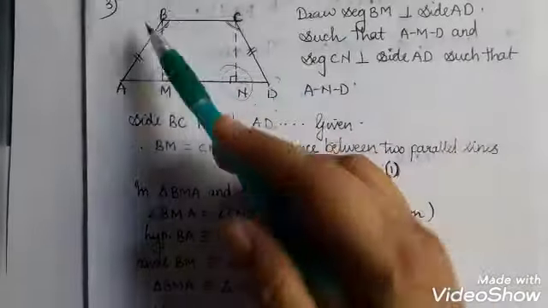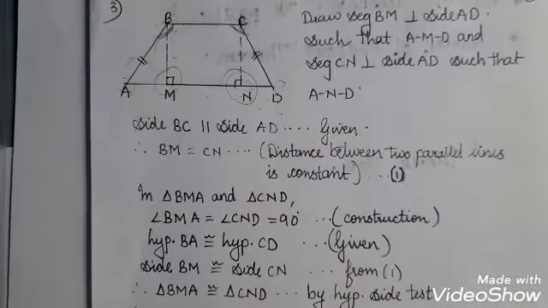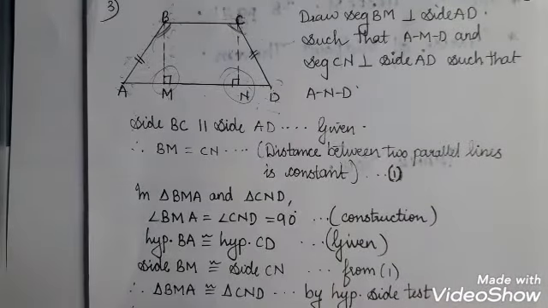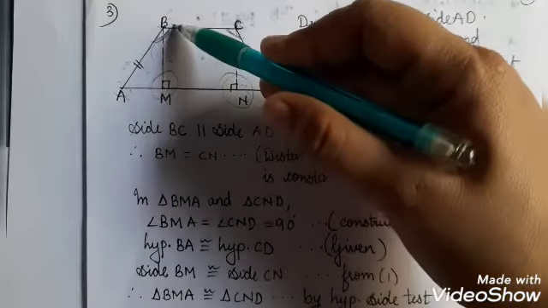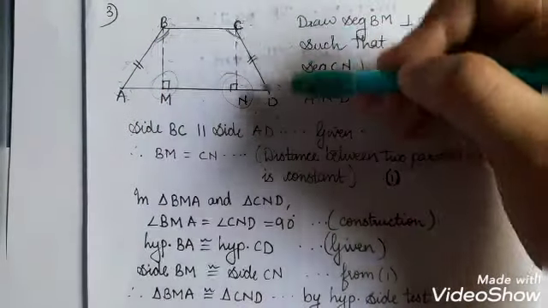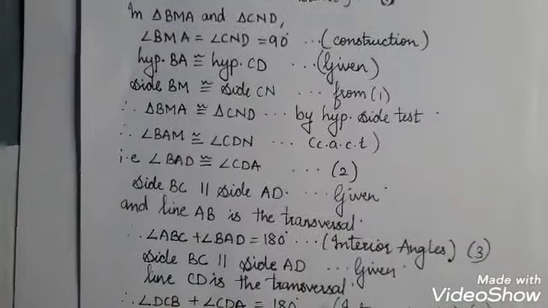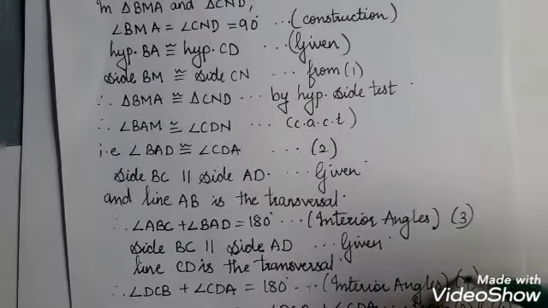Similarly for the other side, CD is a transversal, BC and AD are parallel. So you get angle DCB plus angle CDA is equal to 180 degrees, interior angles, that is 4.